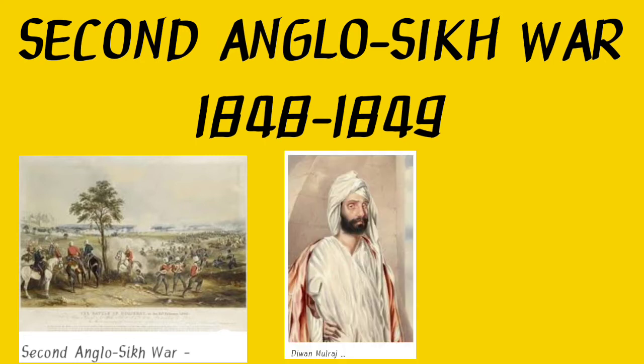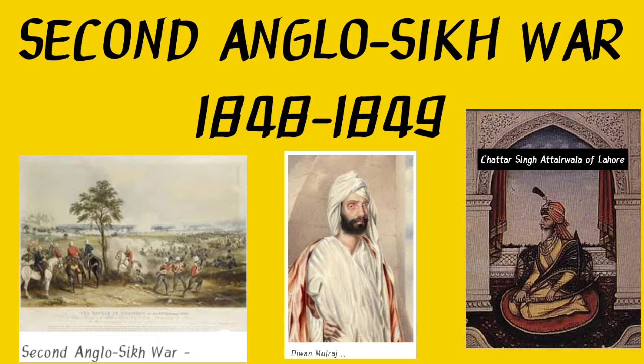A British resident was a political agent, an official of the East India Company based in a princely state, who served as part diplomat, part advisor to the native rulers and part monitor of the activities in the princely states. This British resident always tried to interfere in the internal affairs of Punjab, which the Sikhs did not tolerate.